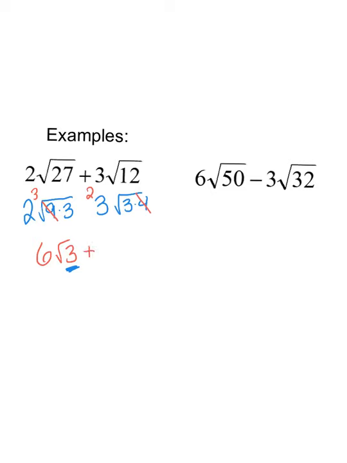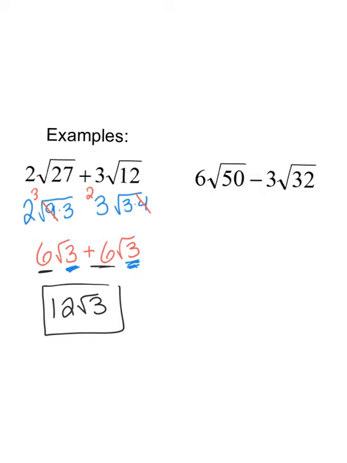So then this second term becomes 6 radical 3. Now if I look, since my radicals are the same, I can do the operation. All I'm going to do is combine the fronts. 6 plus 6 is 12, and rewrite the radical 3. This is my answer.